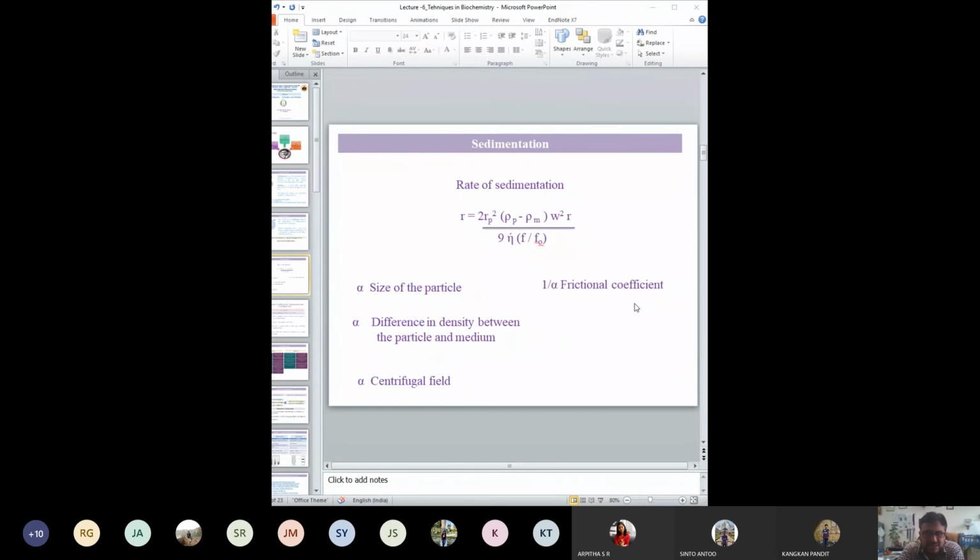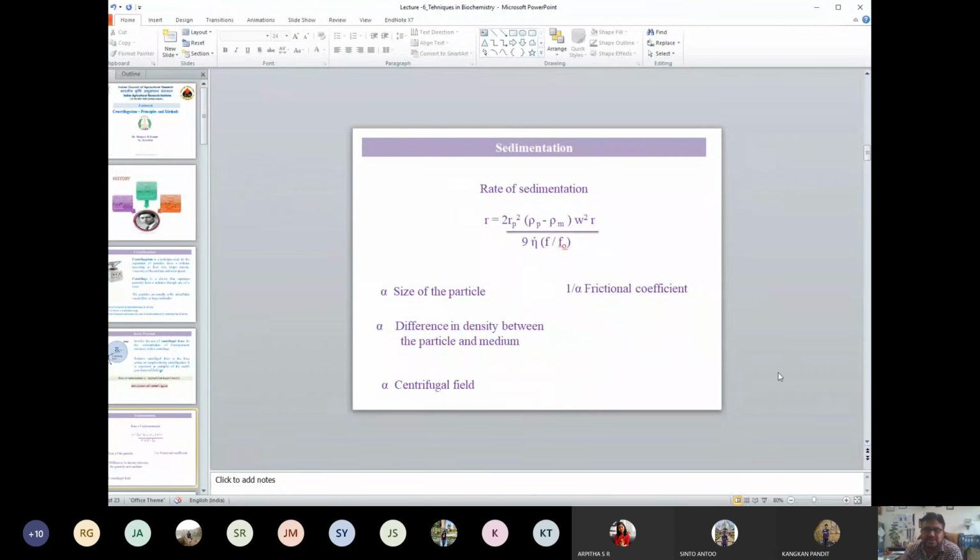So about sedimentation, even in our day-to-day activity we are using this term, which basically means that we are going to settle something. In case of centrifugation, the rate of sedimentation is represented by an equation which I have written here.